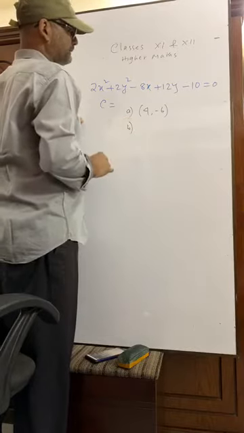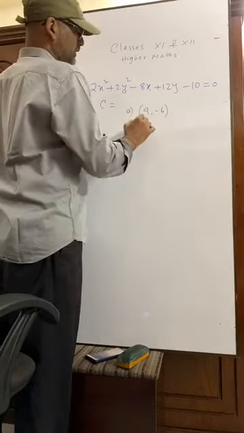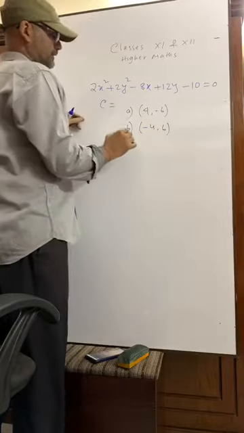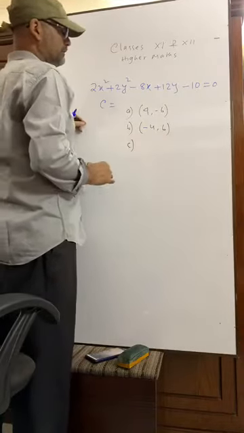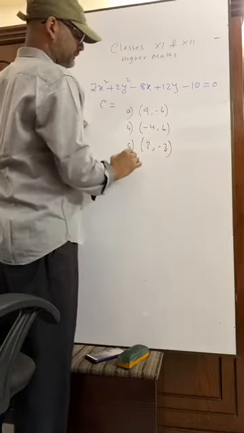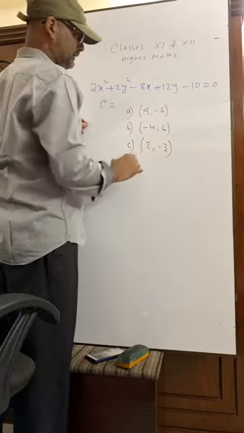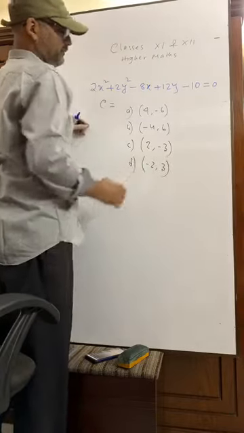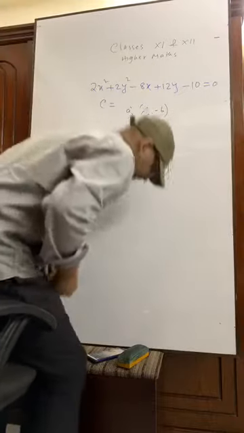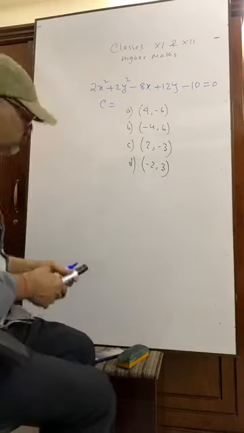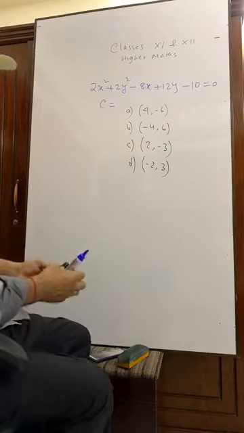B: minus 4, 6. C: 2, minus 3. And D: minus 2, 3. What is the answer? Just tell me. What will be the answer? Center.